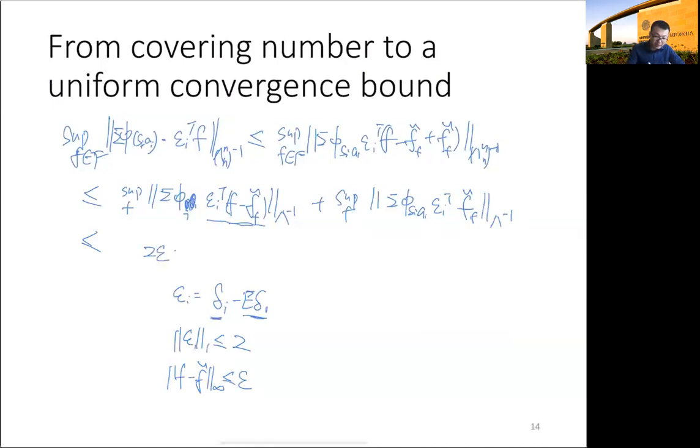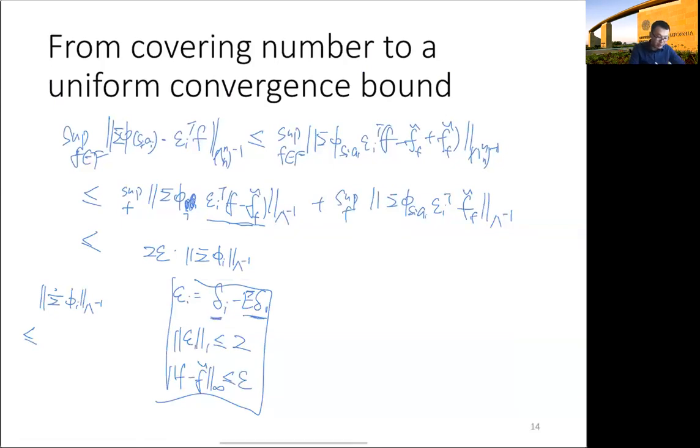And what remains is the sum of lambda inverse times phi i, like this matrix inverse. Okay, so how can we deal with this? We could, for instance, do the most crude thing ever.